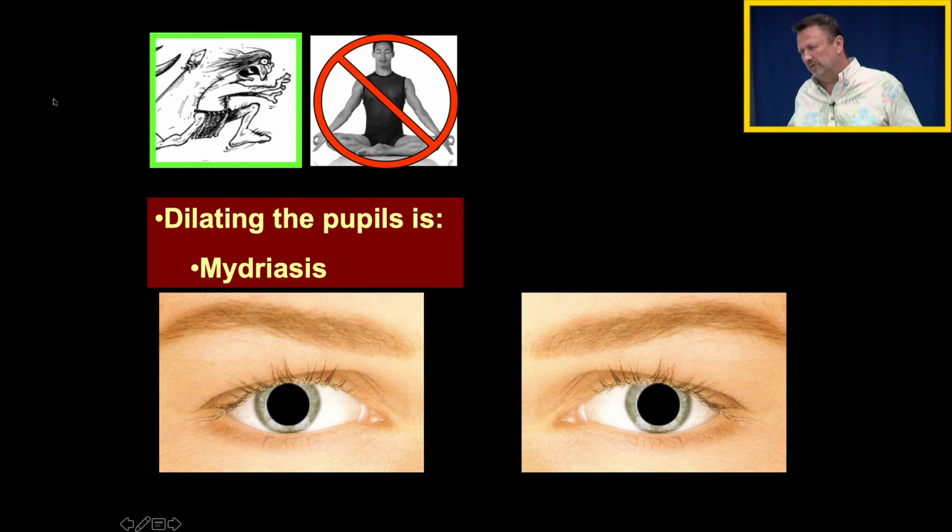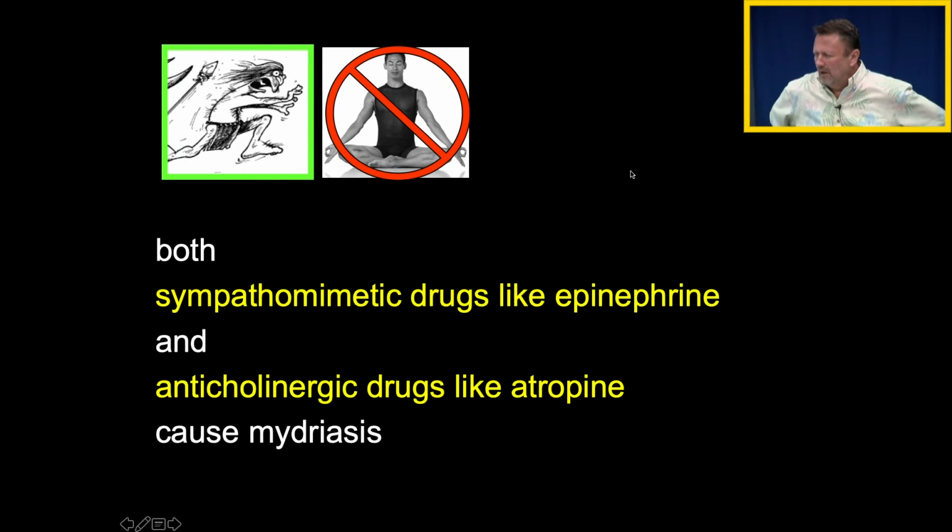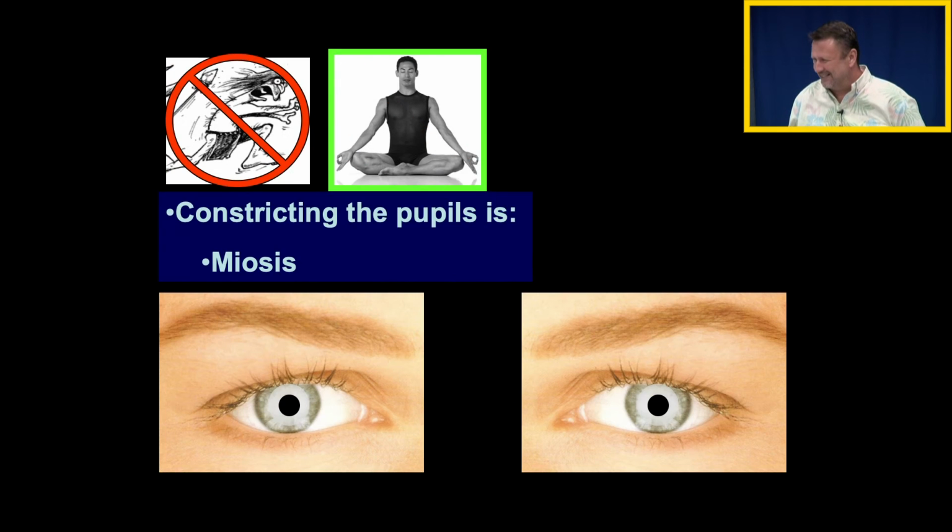And so you'll know that sympathomimetic drugs will have a warning for people with glaucoma, as will anticholinergic drugs. So drugs like epinephrine, the sympathomimetic, or anticholinergic drugs like belladonna alkaloids and atropine are mydriatic drugs. They cause mydriasis. All right, constricting the pupils is the opposite. So now I have the opposite icon up here.